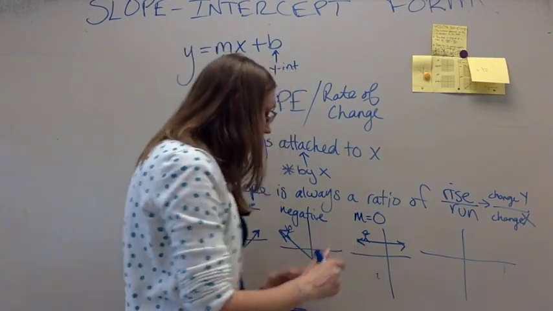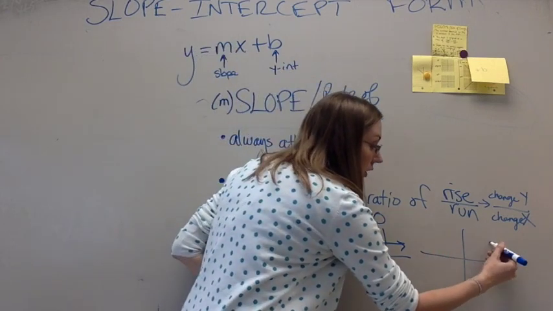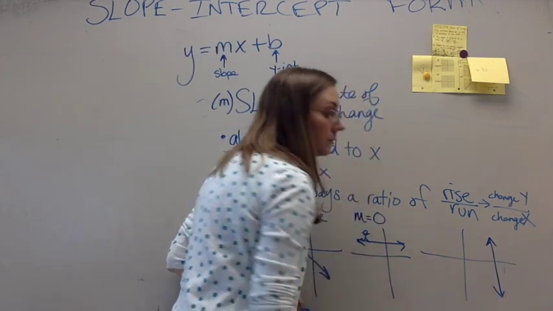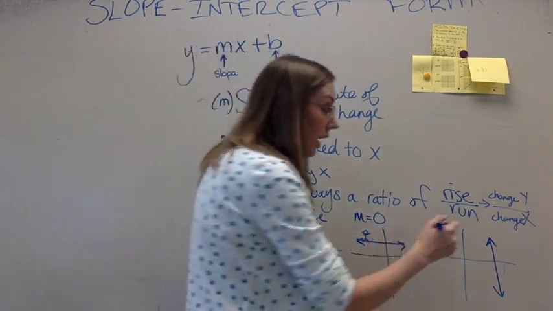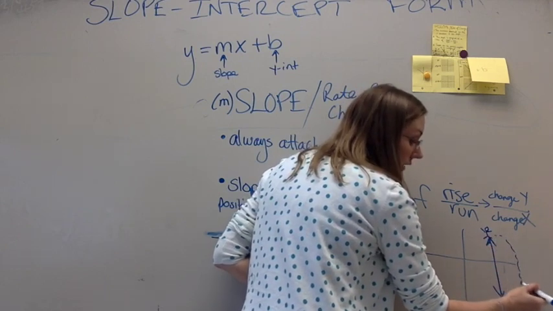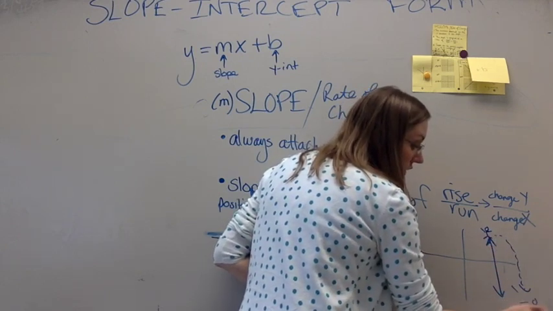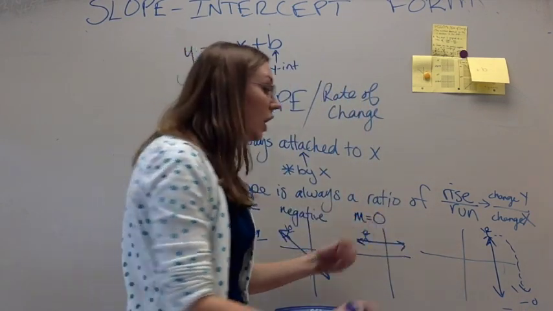Now the last type of line, going up, going down, going flat is 0, is a vertical line, like this, okay? And bear with me, this is a little morbid, but I think you'll get it. Our guy standing on it, he's getting ready to walk. When he walks, he is going to tumble down and break into a bunch of little pieces, okay? This is a special type of slope, and it is called undefined.